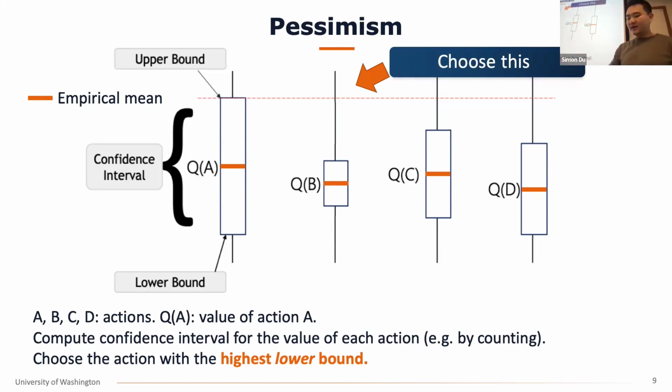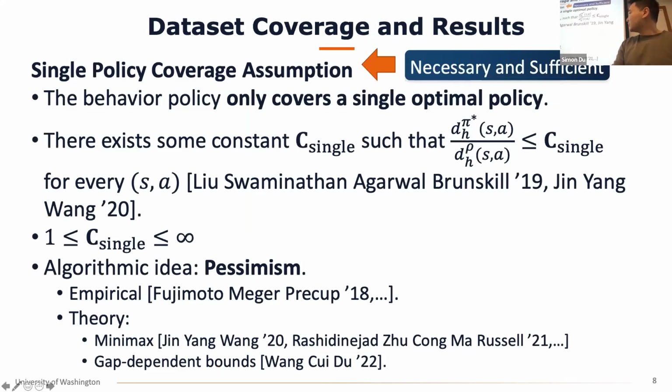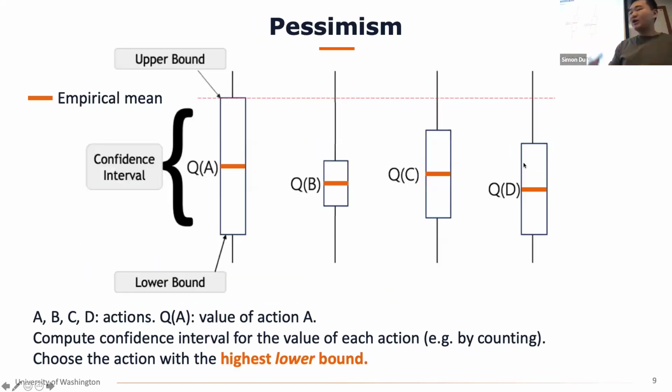Based on this assumption, you may not cover that action, so you do not have any good estimation for it. Here you will be very conservative, your lower confidence bound will be at the bottom, and so you will not choose that action. That conservatism, or pessimism, guarantees you choose a near optimal action.